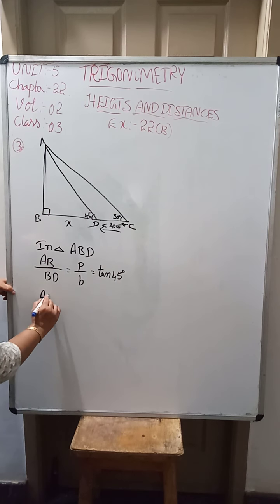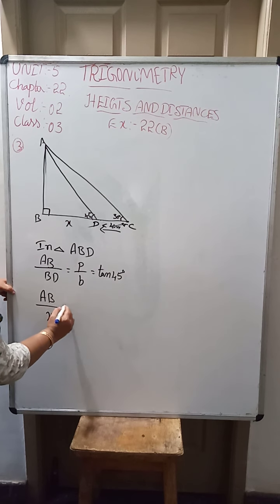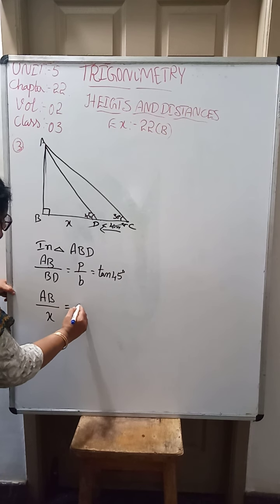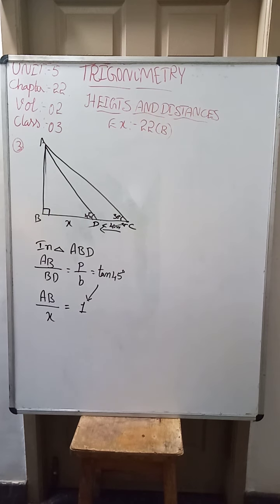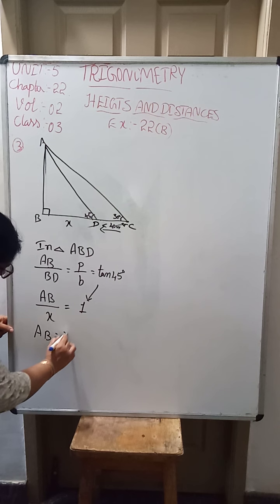Now AB we have to find out. BD also we don't know and it has been taken as X. So AB by X is equal to tan 45 is 1. We know the standard angle of tan 45 degree, that is 1. Now AB is equal to X.